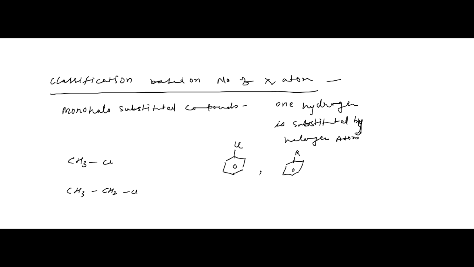Only one carbon is there, so the name will be chloromethane. Here is the chloroethane. What is this one? Chlorobenzene. In this compound, you find that only one halogen atom is present. Getting my point? Yes, sir.